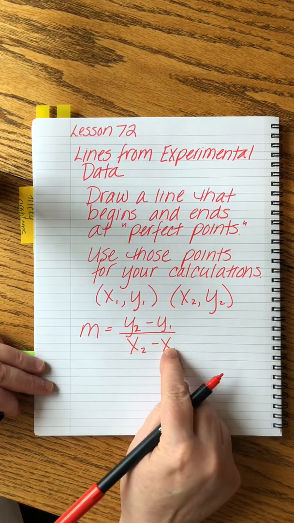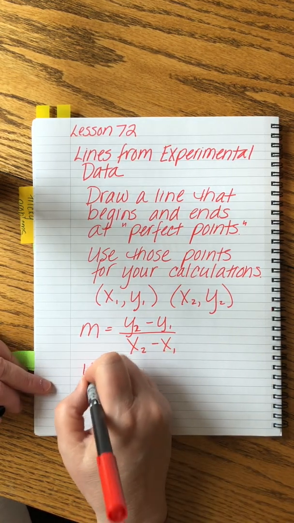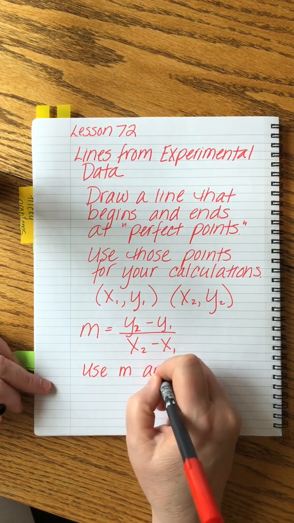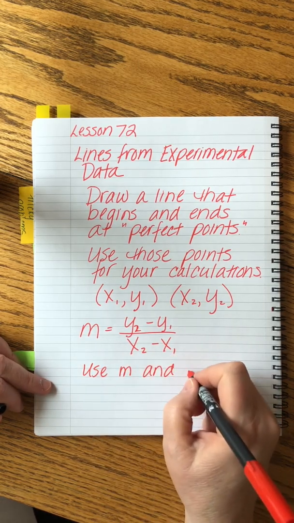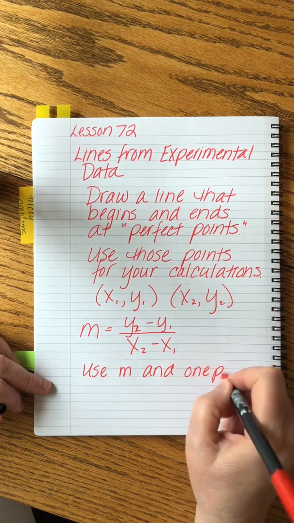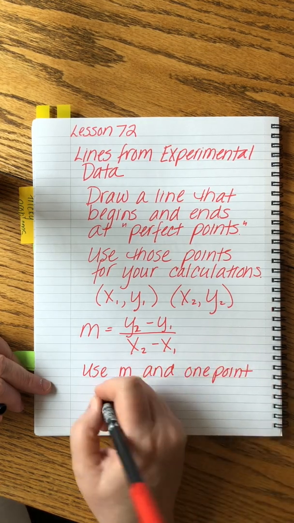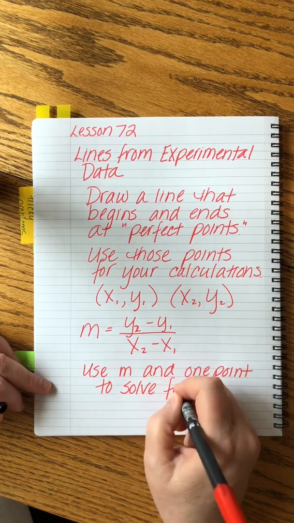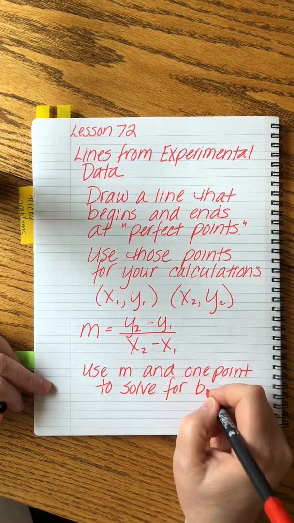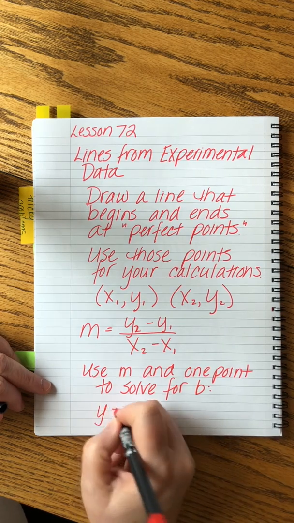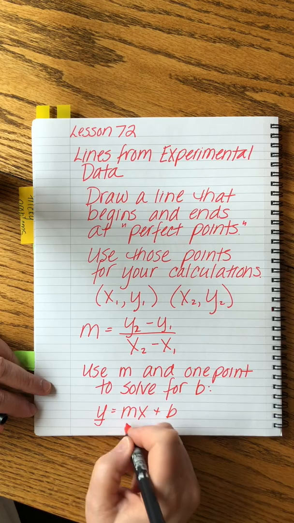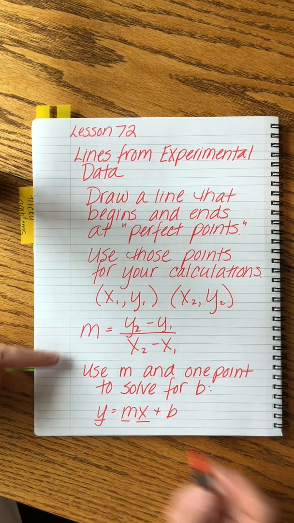First you'll find the slope, and then you'll use the m and one point to solve for b, using good old y equals mx plus b, right? You'll have values for those three.